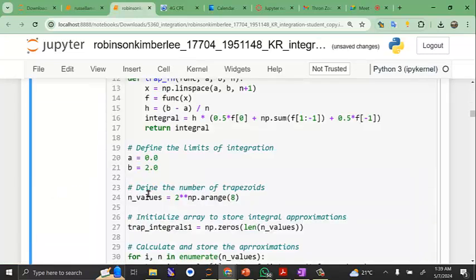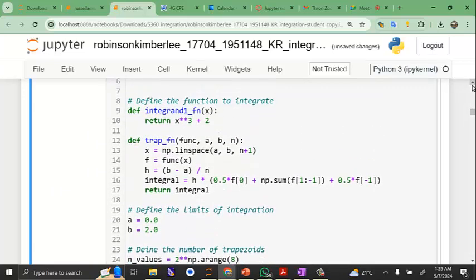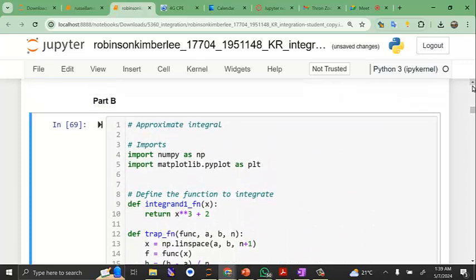And let's go to part B. All right, so this is a very nice organization. Typically, you begin your code with imports, then function definitions. So here's the integrator. You need the integrator to do trapezoid rule. And then here's the trapezoid rule.